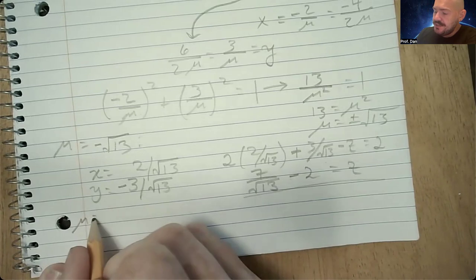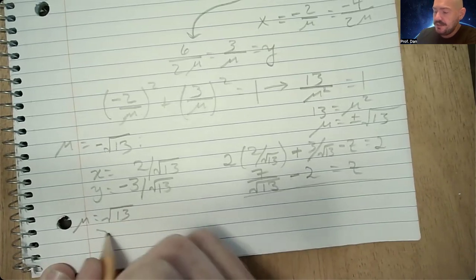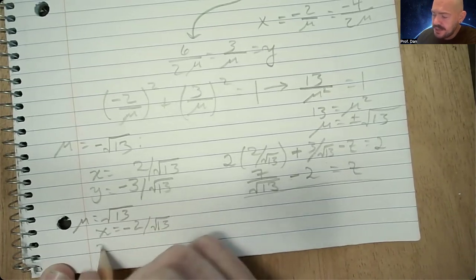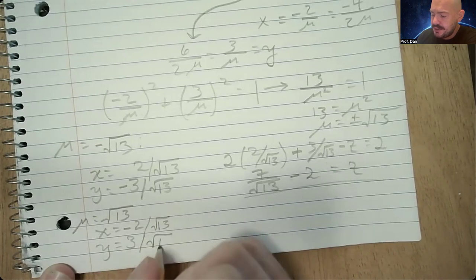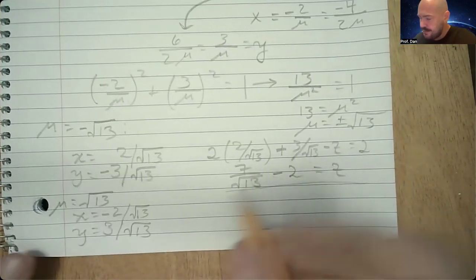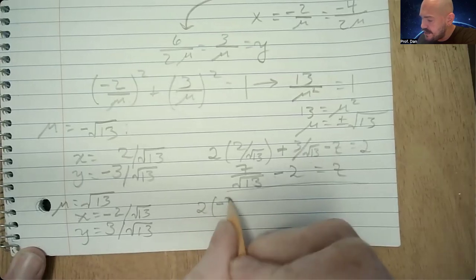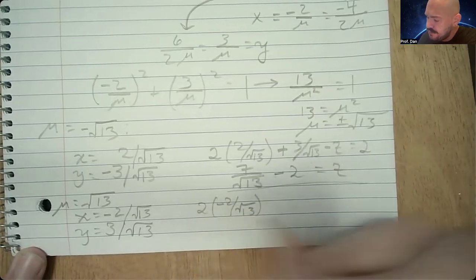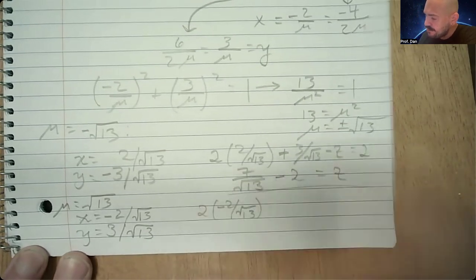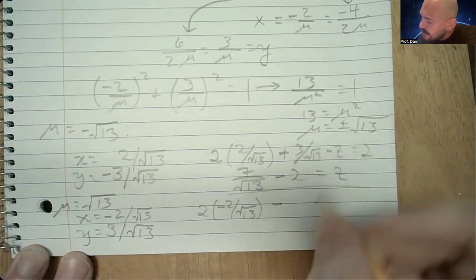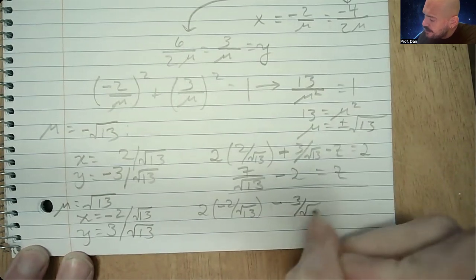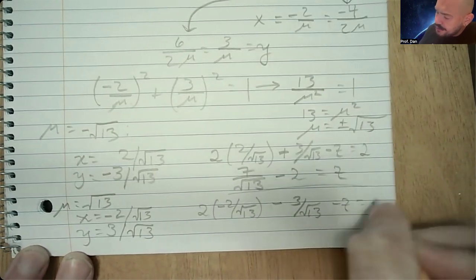Then we'll look at the other case where mu is equal to the positive square root of 13, and we'll get x is negative 2 over root 13, and y is equal to positive 3 over square root 13. And then plugging those into that other boundary equation, we end up with 2 times negative 2 over the square root of 13 minus 3 over the square root of 13 minus z is equal to 2.